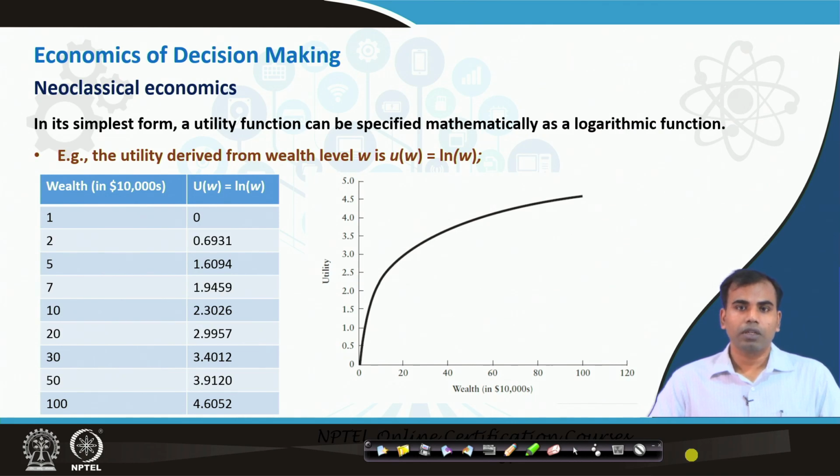Let me put this in the context of a very simple example. Suppose you have 100 rupees and you have an alternative to invest that 100 rupees in a bank deposit or fixed deposit, where you are sure to get a return of, let us say, 6%.